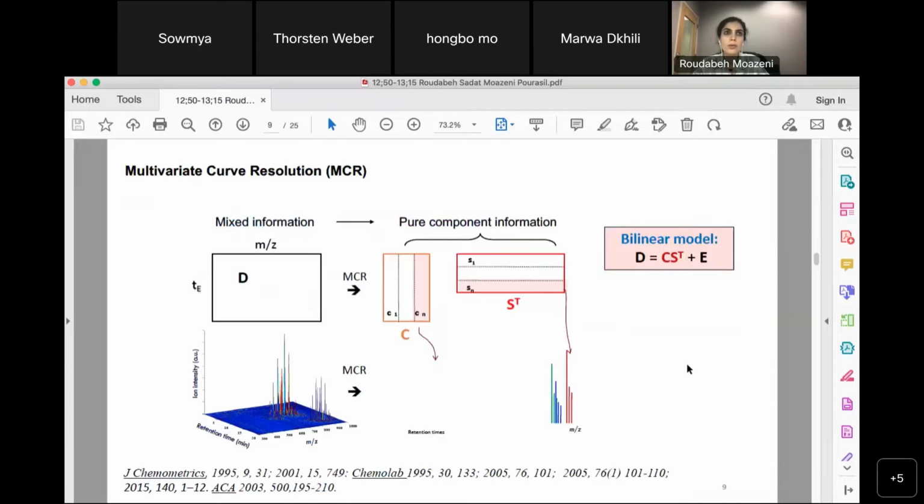After that, we used multivariate curve resolution to decompose the data into chromatographic and spectral profiles. Here, the chromatographic profile is the elution profile, and the spectral profiles are mass spectra. Please go to the next slide.